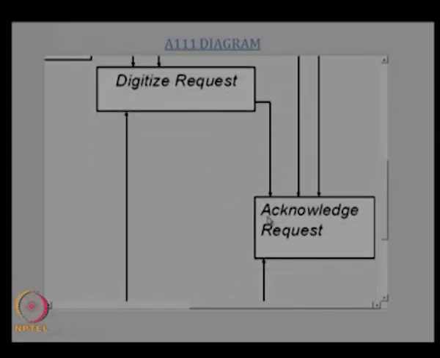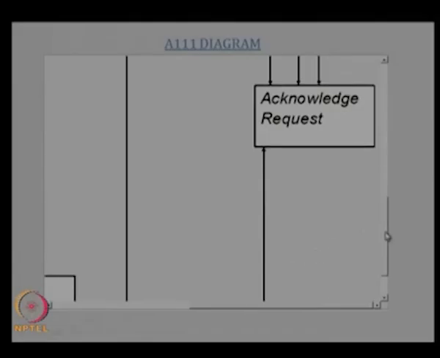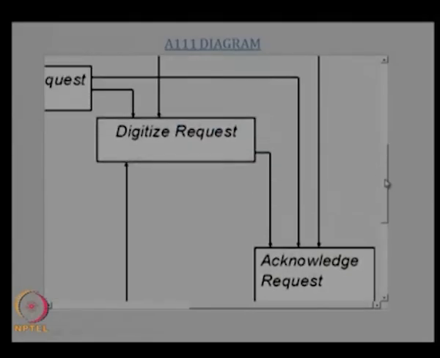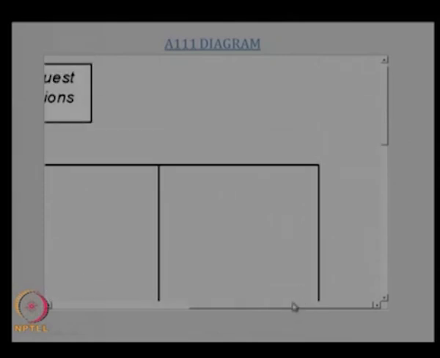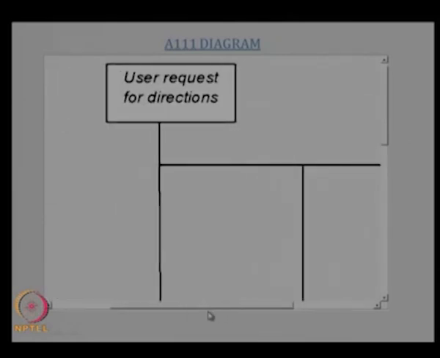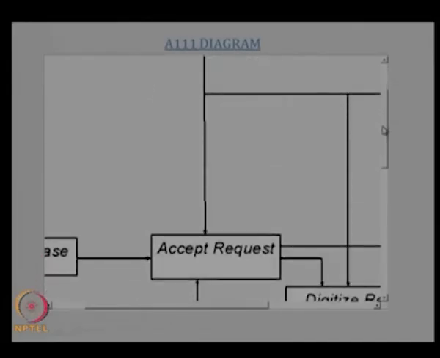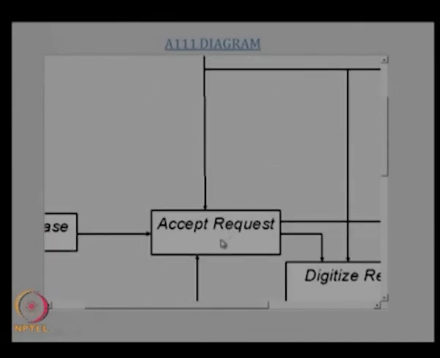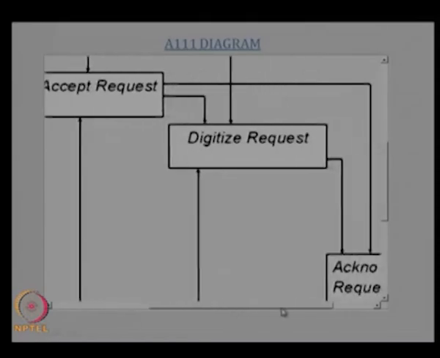So, there is another function to provide an acknowledgement or the output to show that the request has been accepted, and that will be giving the output to the next function, where actually the output will be shown as a display or as some kind of feedback to the customer. So, these are the sub functions which you can identify from the A1 function. So, this is A11 diagram. You will be having 3 sub functions here: accept request, digitize request, and acknowledge request.